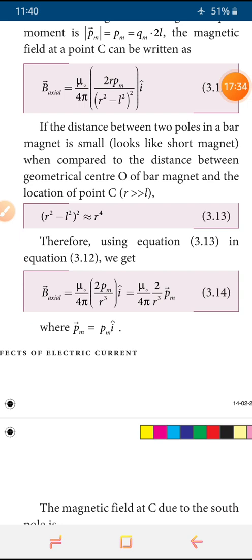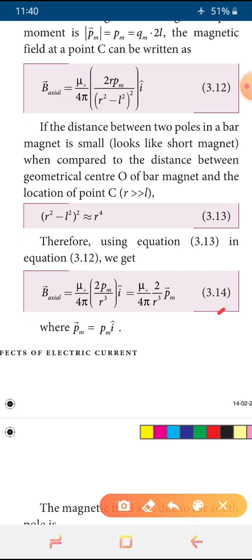And now go to the previous topic on page number 136. See the equation 3.14: B vector axial is equal to mu naught divided by 4 pi 2 Pm vector divided by R cube. So here, in the equatorial there is a minus, and another difference is this 2. Then we can write that the axial magnetic field B is 2 times the magnitude of the equatorial magnetic field.